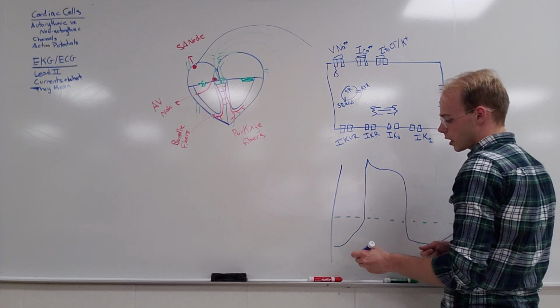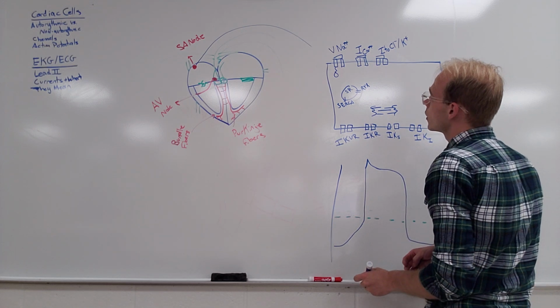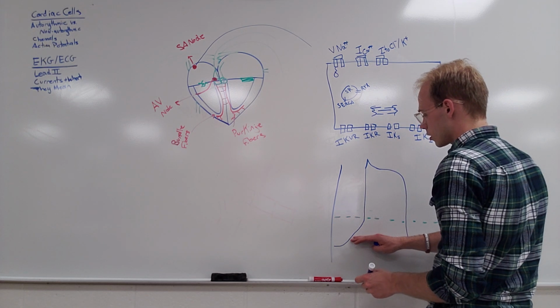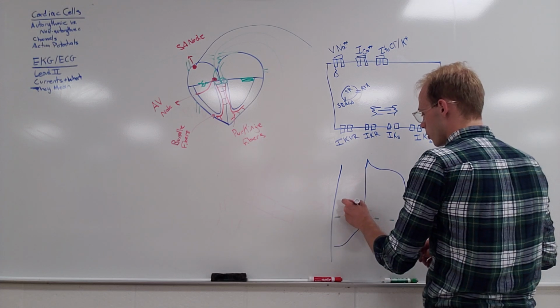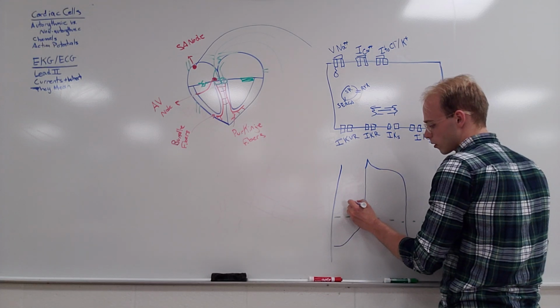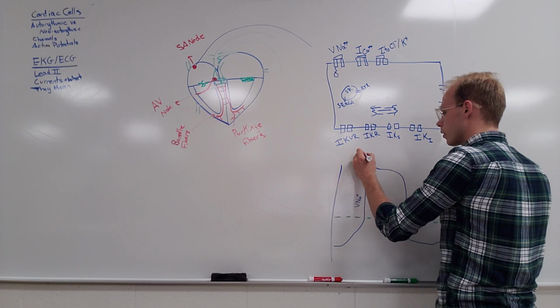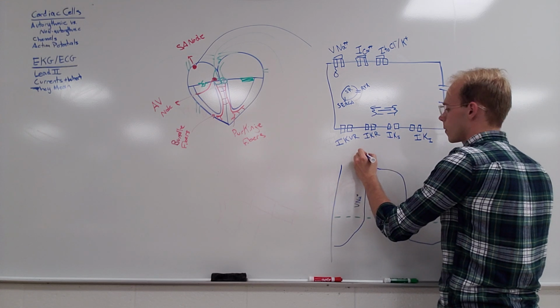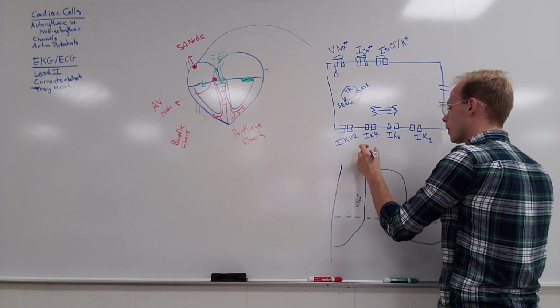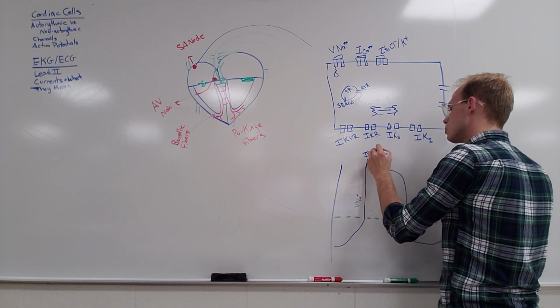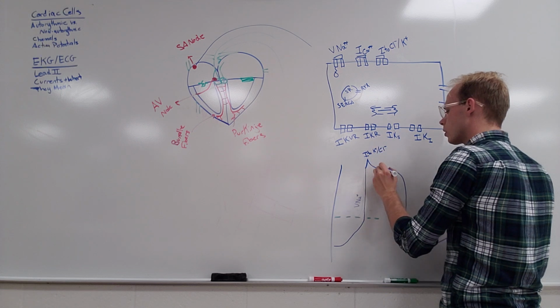I'm going to draw which channels are open during this time. I don't remember the numbers. I'll remember the numbers in a second. So this is our voltage-gated sodium channels. Here we have our I_to potassium chloride channels.